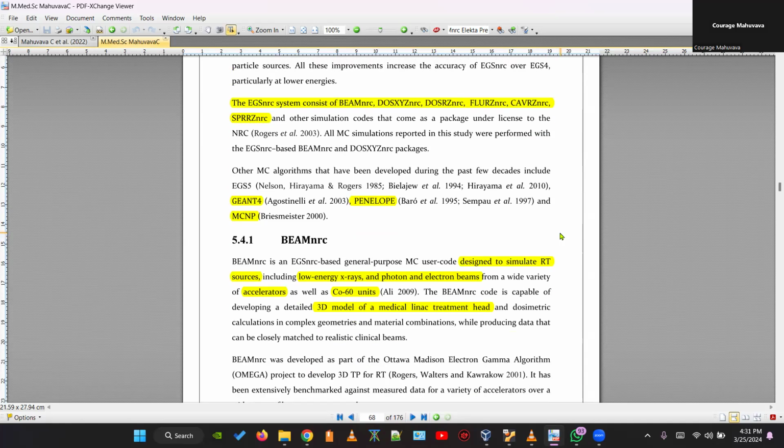There are other codes that are not part of the EGSnrc code system. There's Geant4, there is PENELOPE, and there is also MCNP. There's also MCNPX, and maybe now there's some later versions, but these are the most popular that I know.